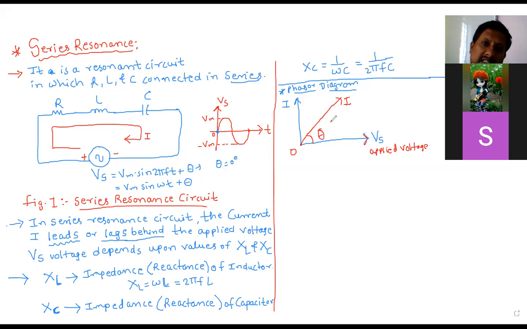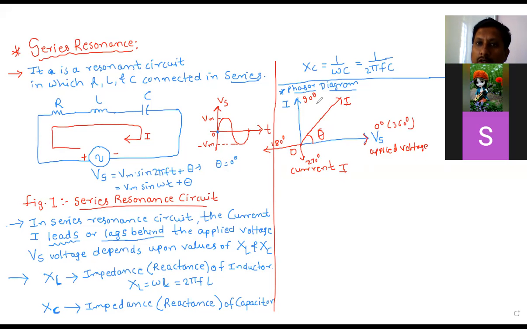But it is ahead of Vs, right. So in this case, here it is 0 degrees, here 90 degrees, going further 180 degrees, then 270 degrees, and back here 360. Anti-clockwise we take as positive, clockwise comes as negative.